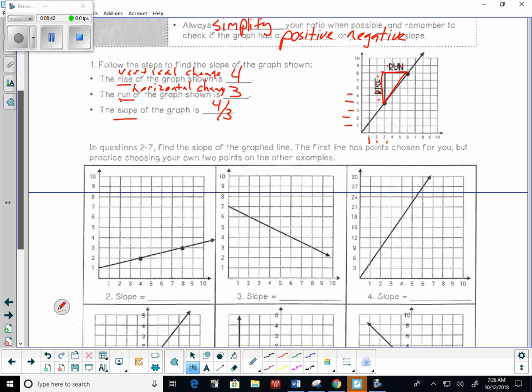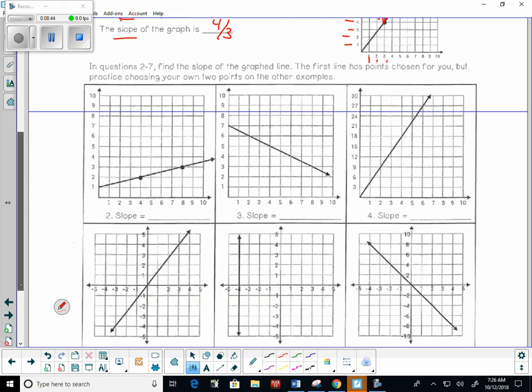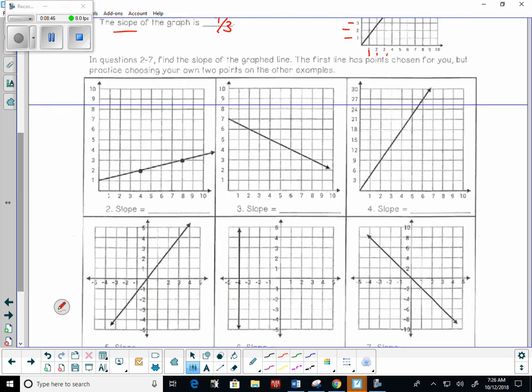Okay, you always have to find 2 good points. We're going to draw a right triangle right here. Okay, rise is 1. Run is 1, 2, 3, 4, and I can see that this is positive. So therefore, our slope is 1/4.